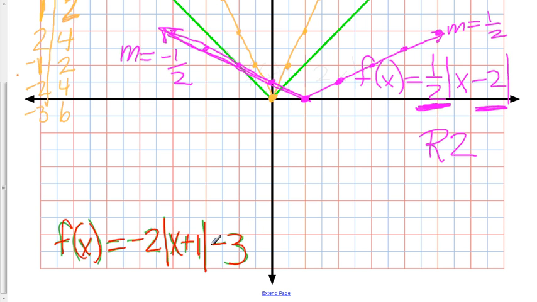And so now the plus 1 will shift it to the left 1. The minus 3 will move it down 3. And so our vertex will be left 1, down 3, so at negative 1, negative 3.